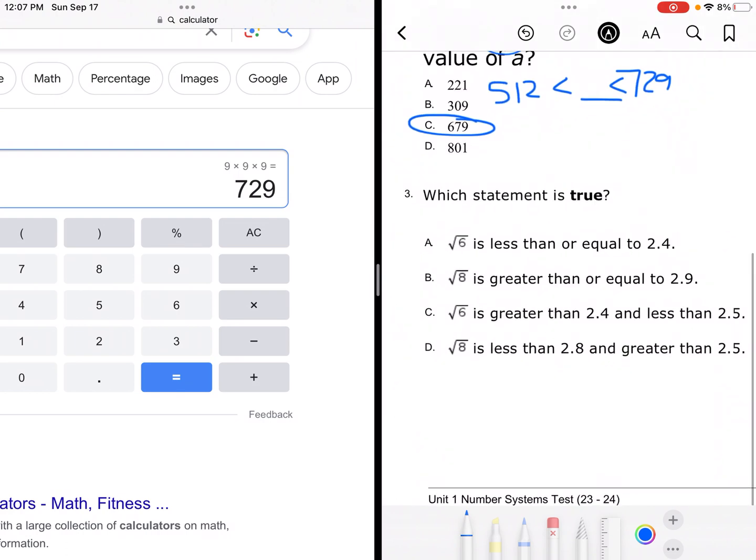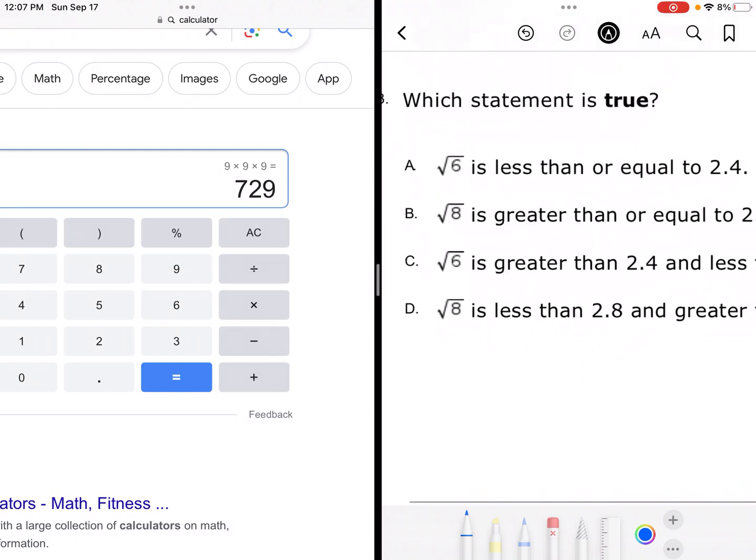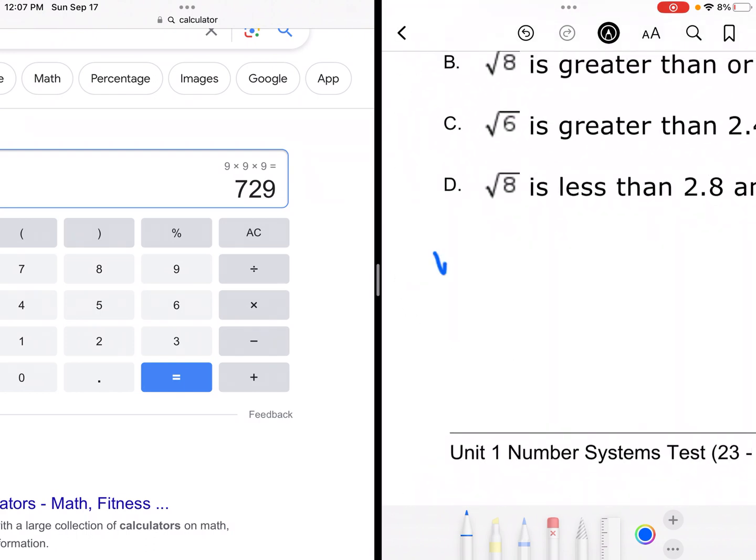Which statement is true? So I've got two square roots. So I'm going to start with the square root of 6 is going to be between the square root of 4, which the perfect square is 4, the square root's 2, and then the perfect square of 9 and the square root's 3. So I know I have to do 6 minus 4, and I get 2.